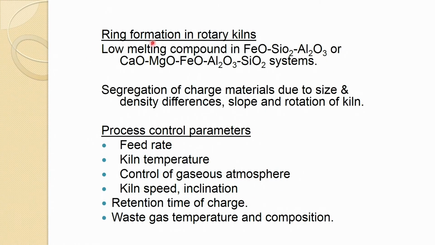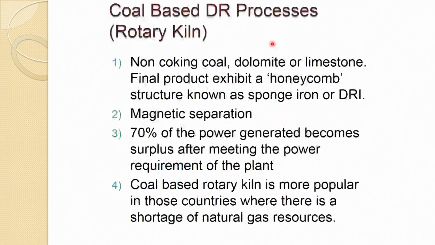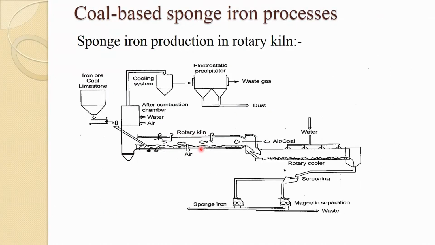The problem which is associated with this very often is ring formation. That ring formation is due to the low melting compound of iron silicate aluminate, the SiO2 system, or the calcium magnesium iron oxide SiO2 system, that forms a low melting compound, which is deposited near the wall of the kiln, and that forms a ring, and that is why sticking occurs.